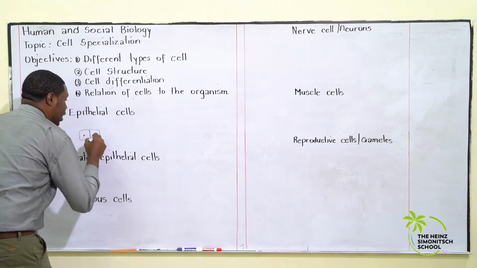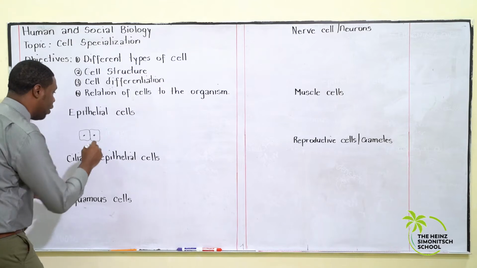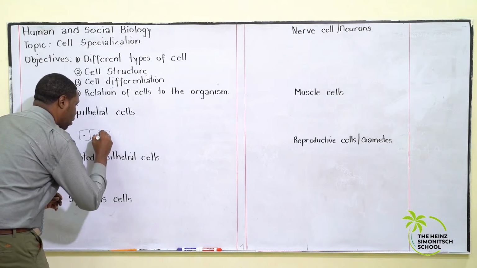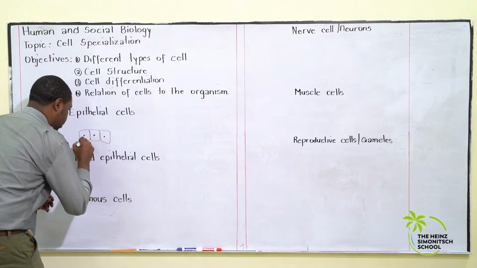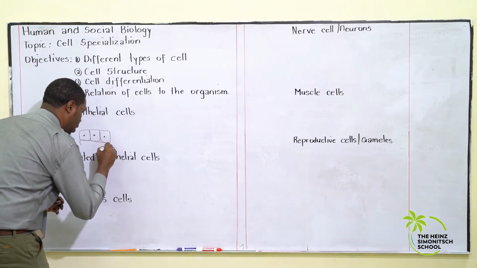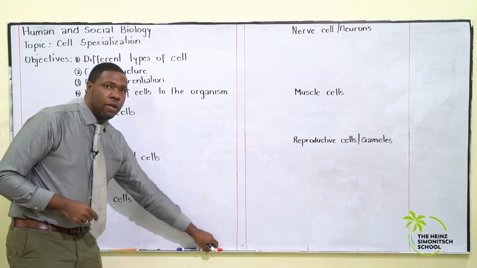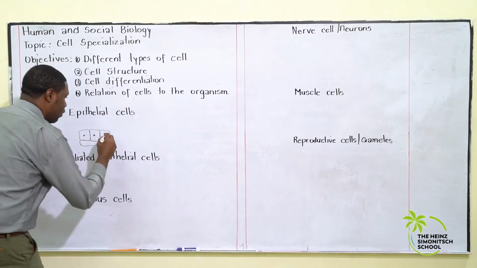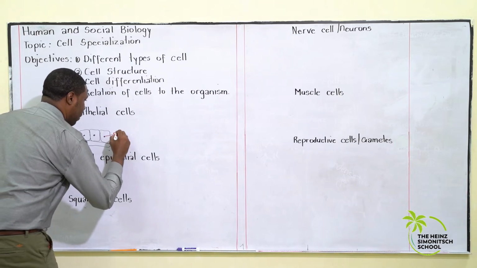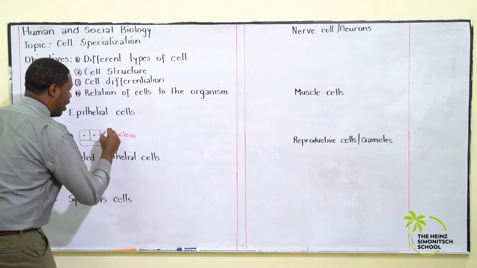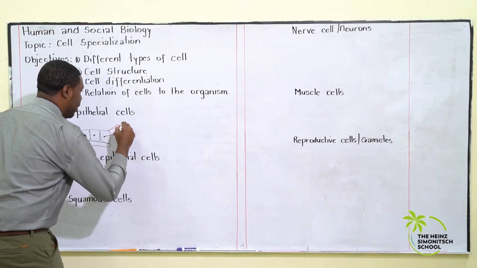Now you will notice that these cells are closely packed together. All right? Now let's label the parts. We have the nucleus. We have the cell membrane.